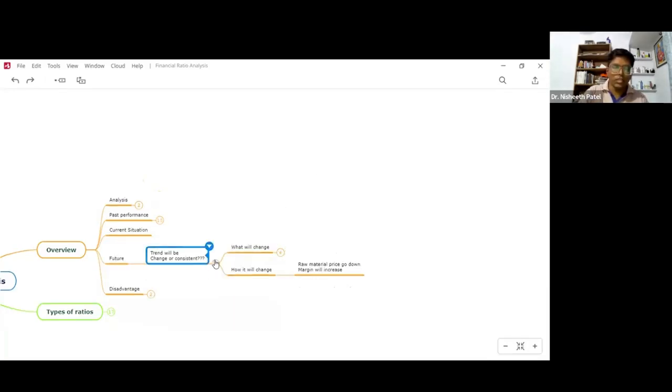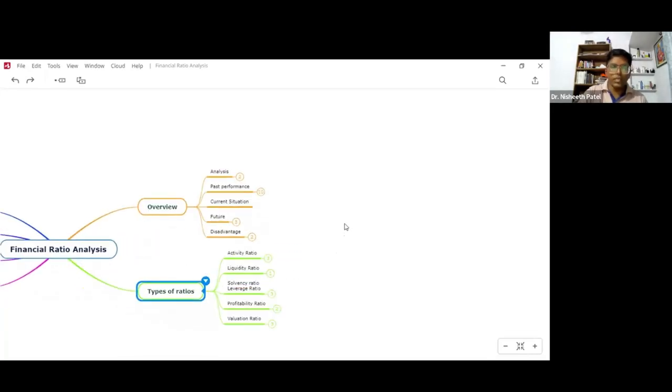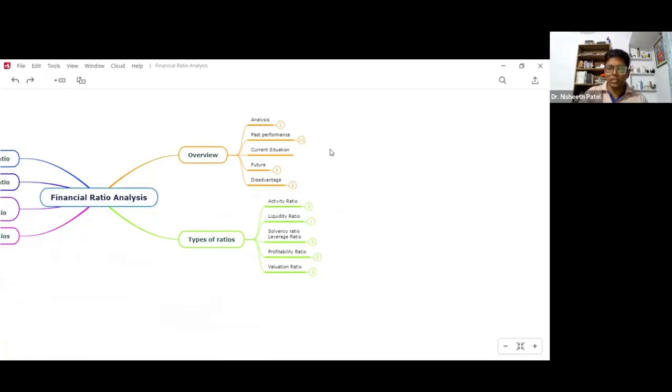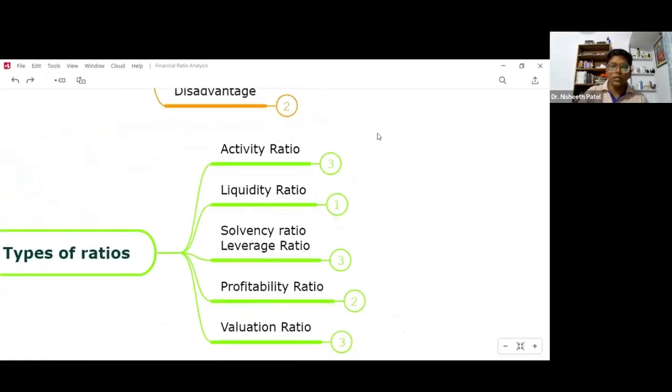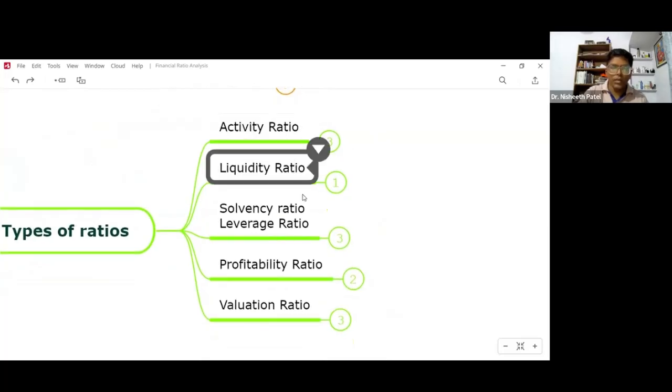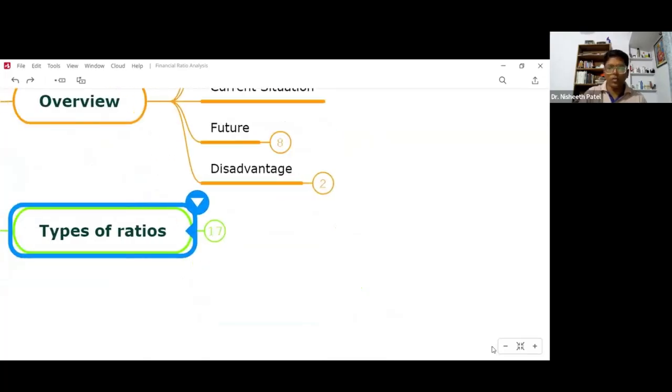So how will we judge that? We will judge by these ratios. So basically there are 5 types of ratios: activity ratio, liquidity ratio, solvency ratio, profitability and valuation.